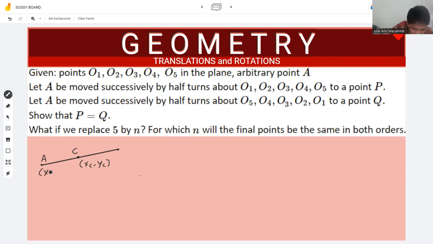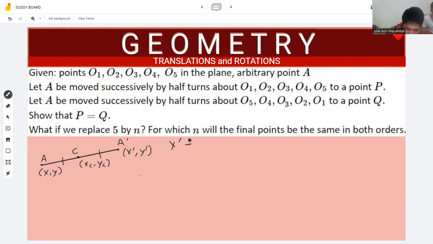So because it's a half turn, the basic definition that follows from it is that these are equal, and C is the midpoint of A and A prime. So let's call the coordinates x prime and y prime. What's x prime and y prime in terms of x, y, and the center coordinates?